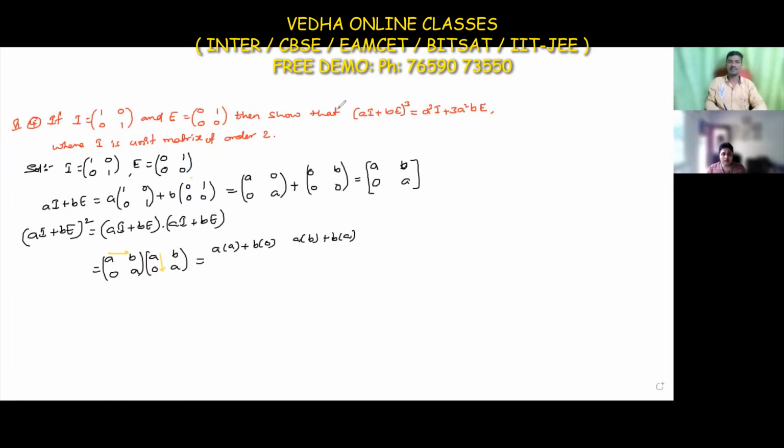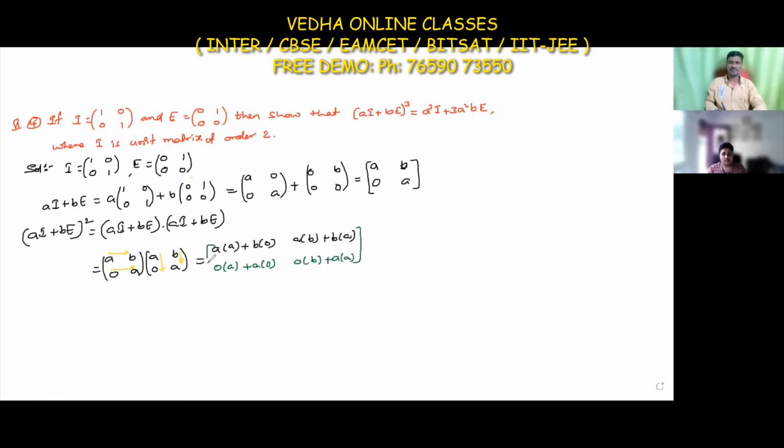And now take the second row, second row with first column and second row with second column: 0 into a plus a into 0, then 0 into b plus a into a.